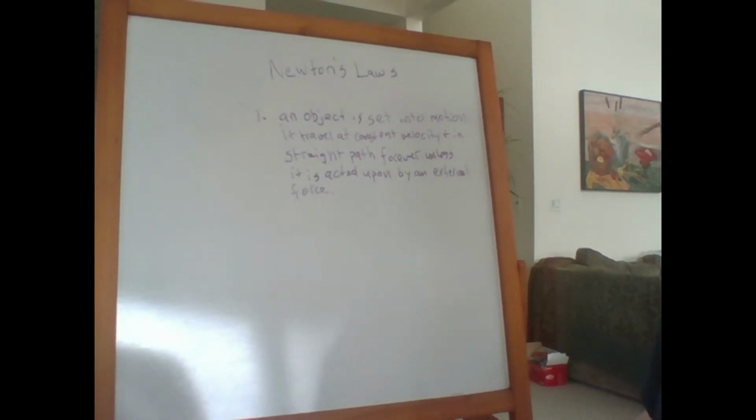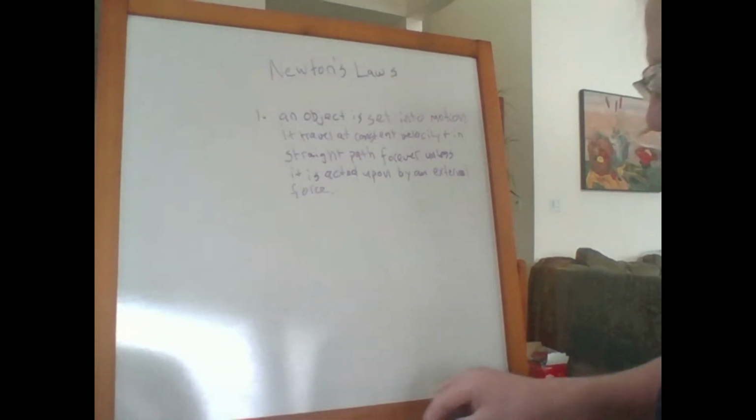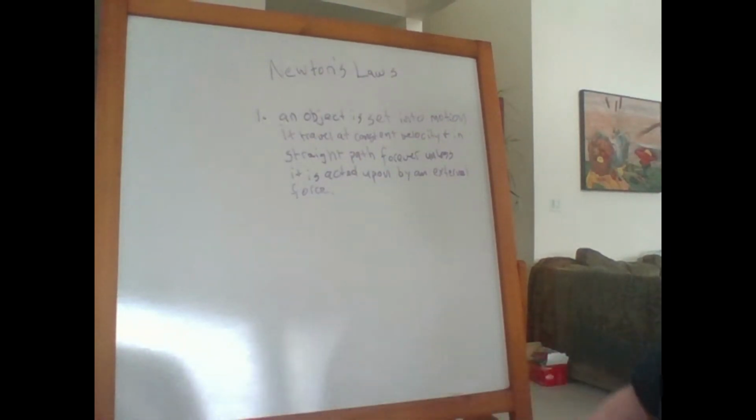Now, people back in Newton's day were skeptical of that because when you throw a ball and it rolls on the ground, it eventually comes to a stop. The ball never goes forever. It ran counterintuitive to people's ideas of how objects acted, because in our world, objects always come to rest.